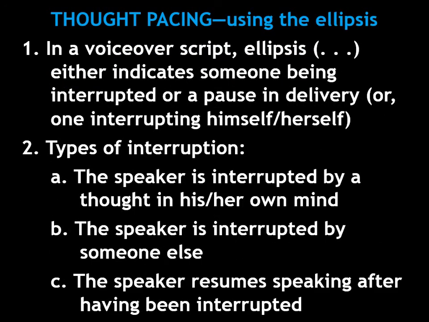Thought pacing using ellipses. This is one way for us to think about ways of using pause. Ellipses either indicate someone being interrupted or a pause in delivery. It can also be someone interrupting himself or herself. And you see on the screen some different types of interruption. The speaker being interrupted by a thought in his or her own mind.